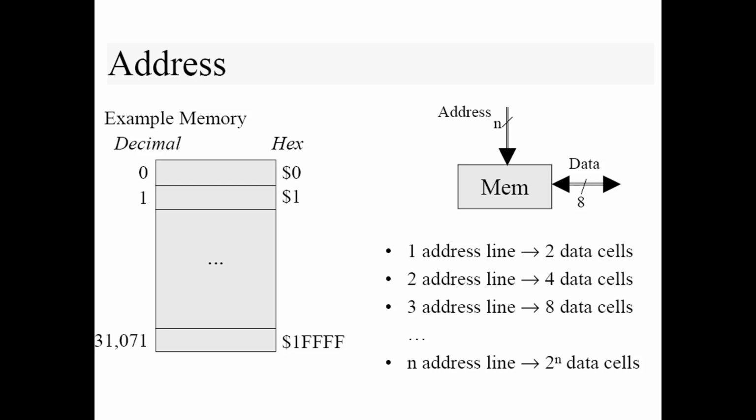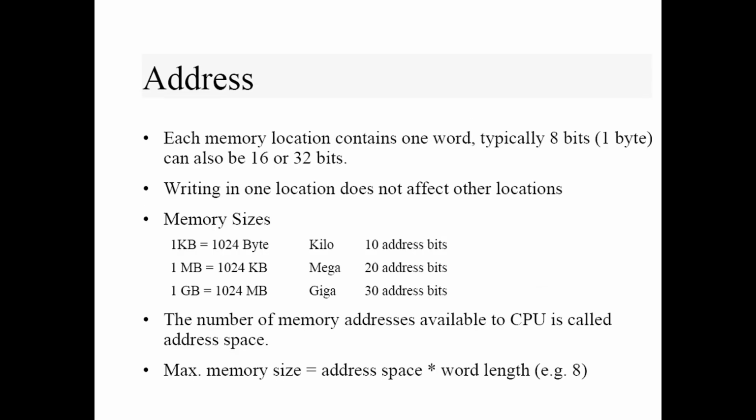This exponential relationship allows embedded systems to scale memory capacity efficiently by increasing the number of address lines.